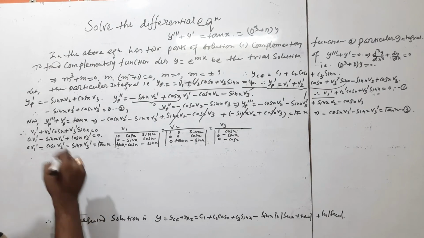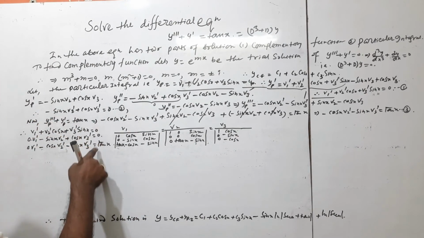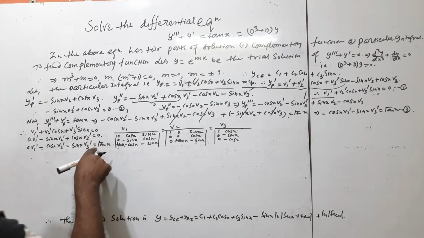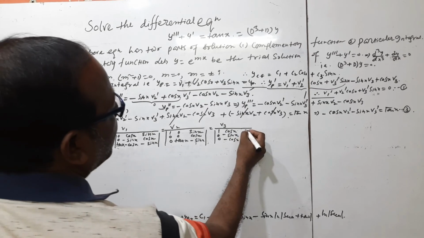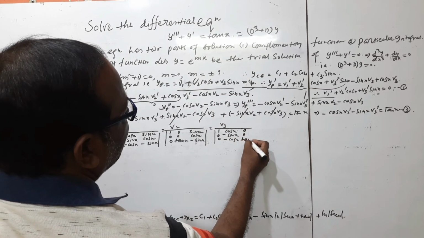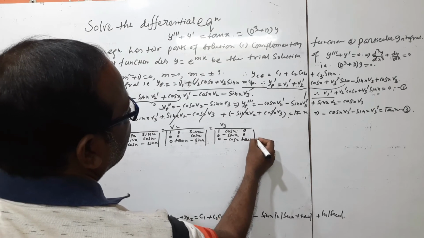In place of v3 we have to put only the value on the right hand side, that is the third column, 0, 0 and tan x.